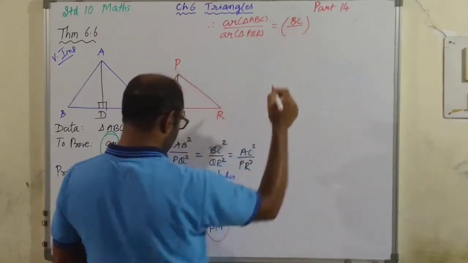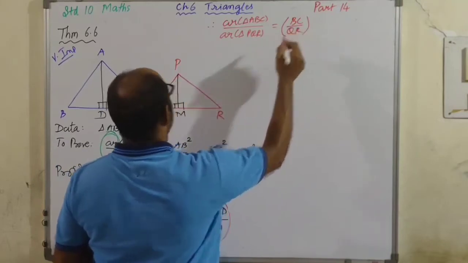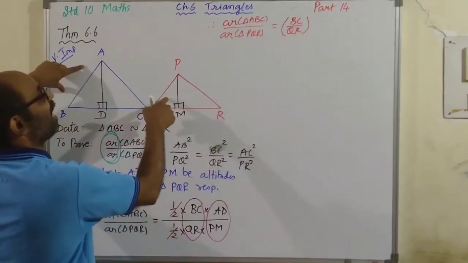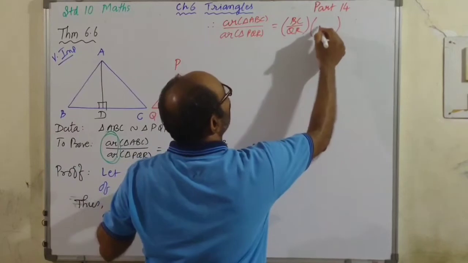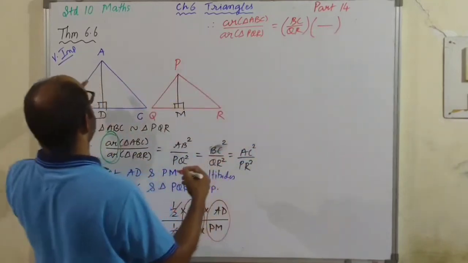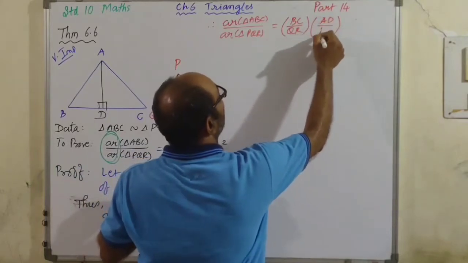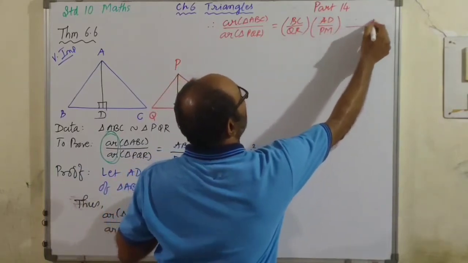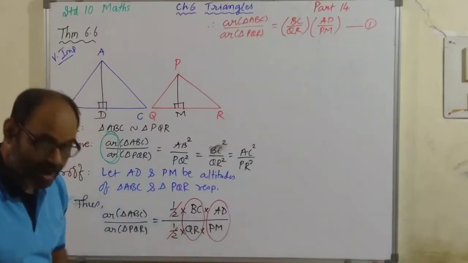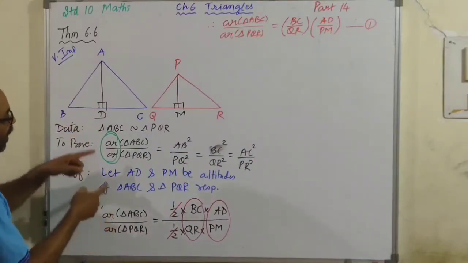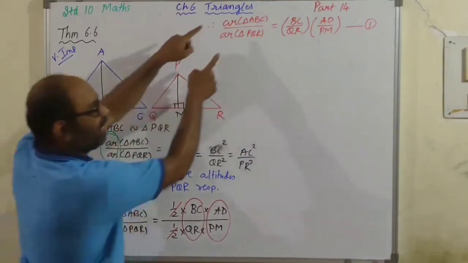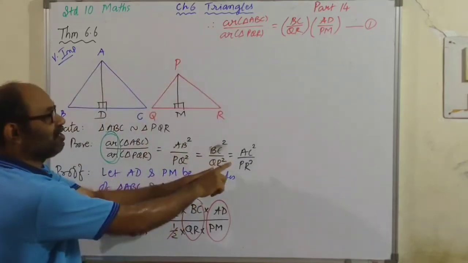BC upon QR, those are the sides of the two triangles, into AD upon PM, those are the altitudes. And this I'm going to call result number 1. Children, we got the ratio of areas. Can you see that? But the right hand side is not achieved.